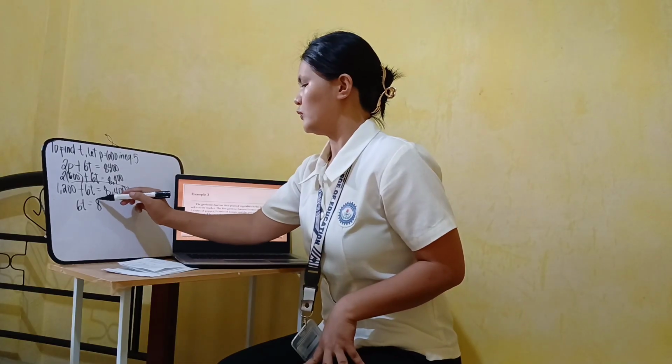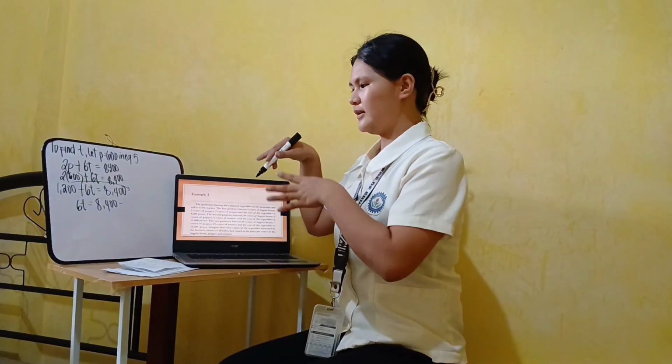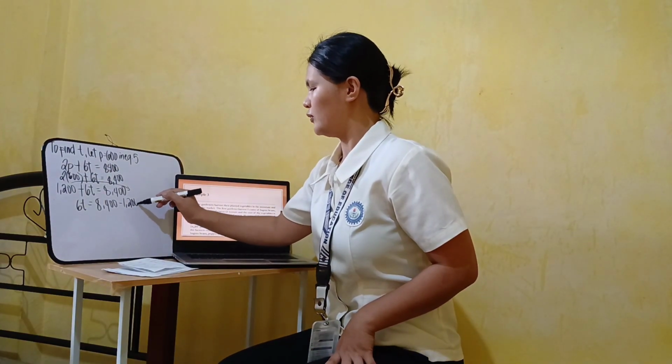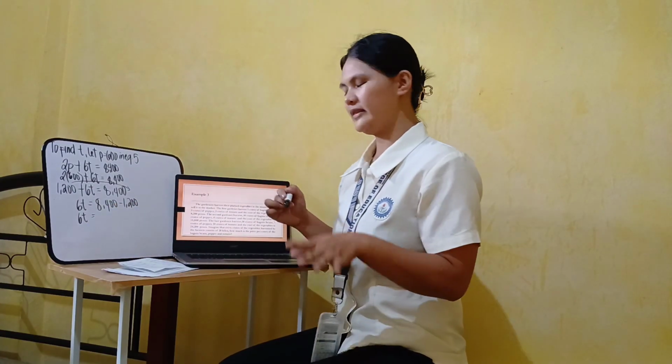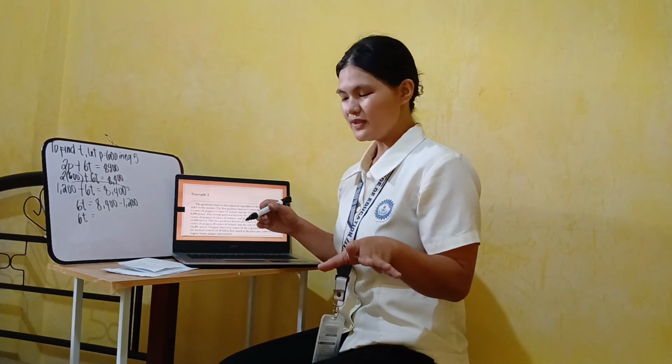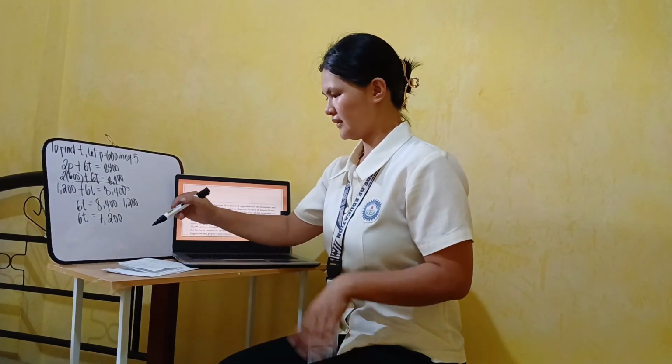So what remains on the left side is 6t is equal to 8,400 minus, because we transferred it to the right side, 1,200. 6t is equal to 8,400 minus 1,200 is equal to 7,200.